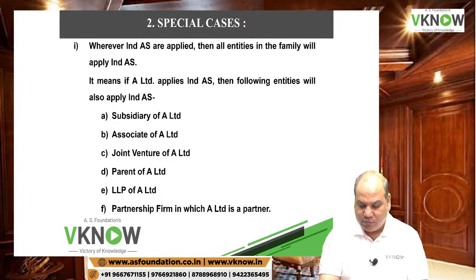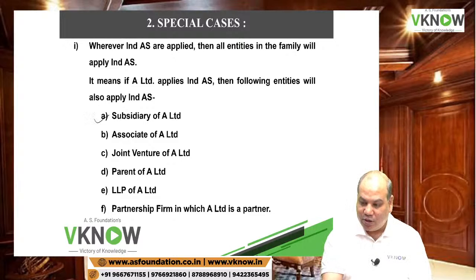Next point, special cases. Whenever Ind AS are applied, all entities in the family will also apply Ind AS. What do you mean by family? It means if A Limited applies Ind AS, the following entities will also apply Ind AS.